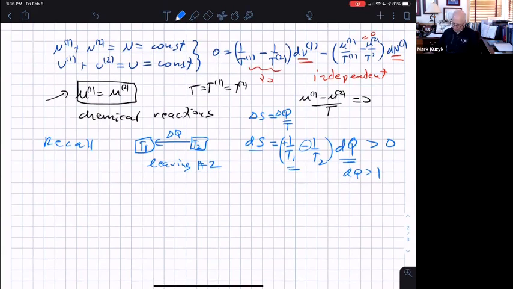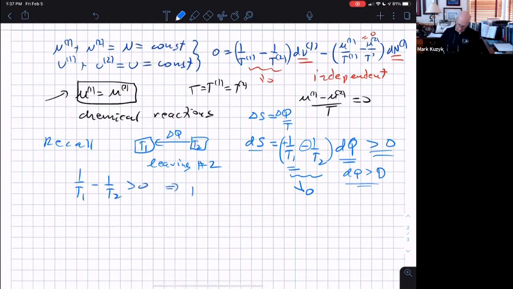So what does that mean about the temperatures? Well, we know the entropy change has to be greater than 0. I defined dq to be greater than 0, so that means this has to be greater than 0 for the entropy change to be greater than 0. So that means that 1 over T1 minus 1 over T2 is greater than 0.